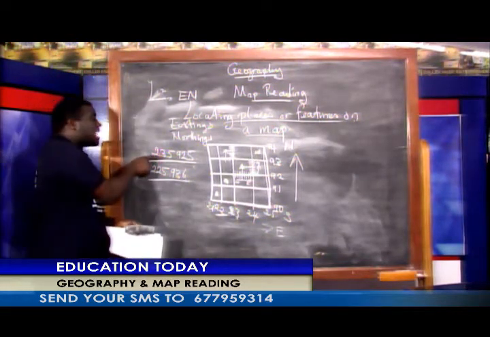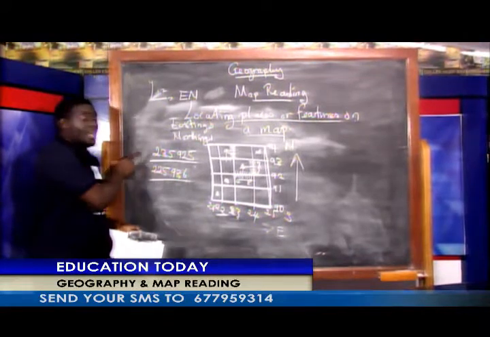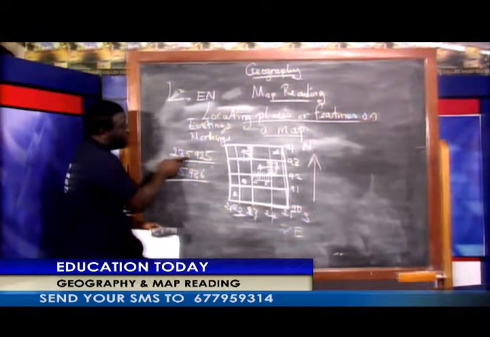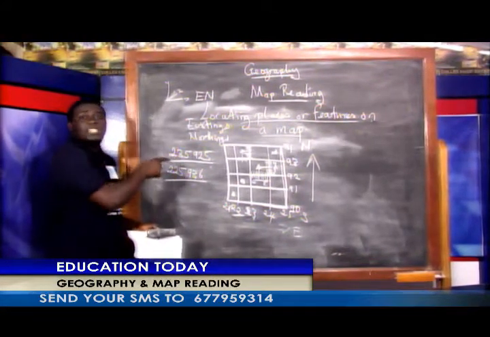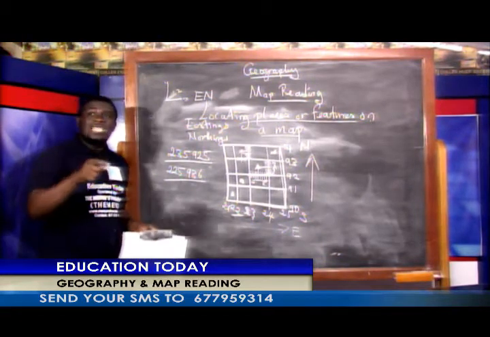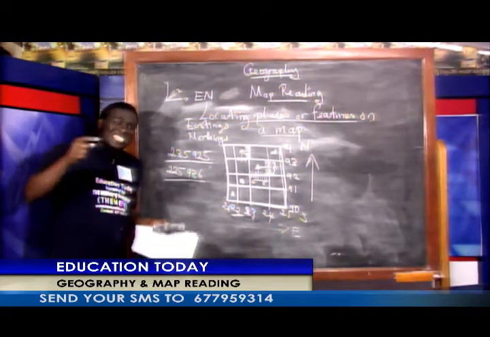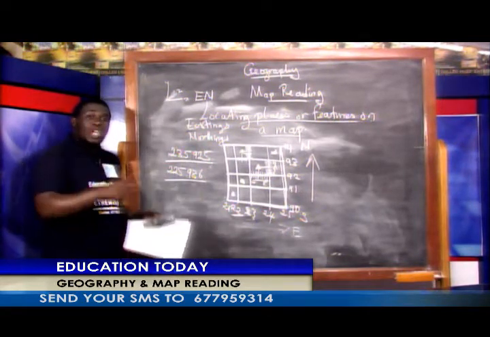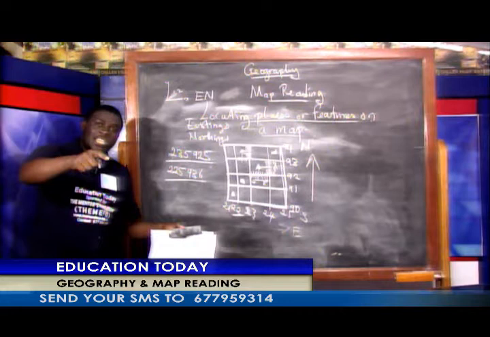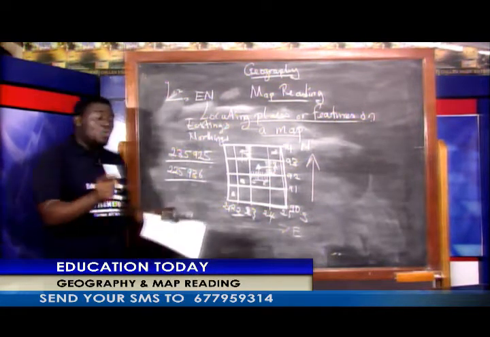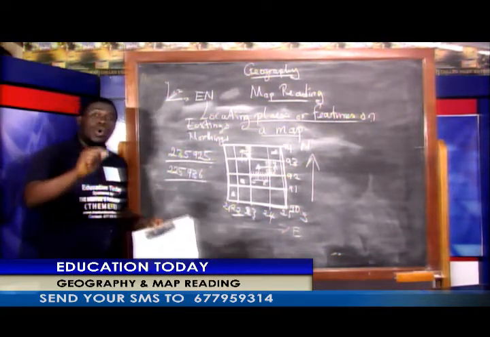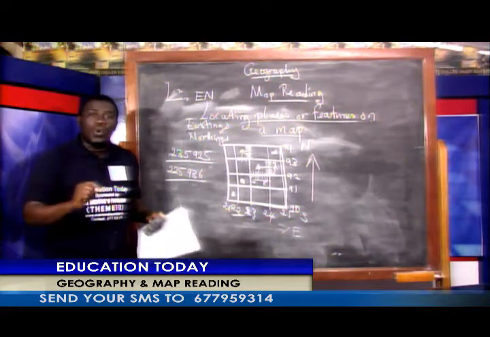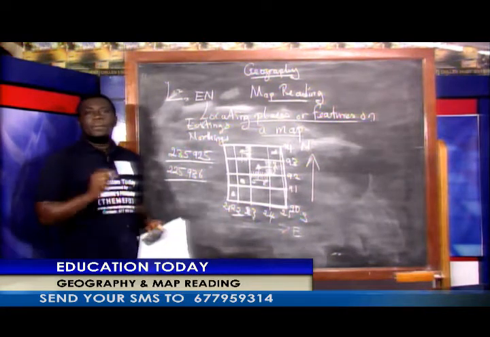They will give you that direction in terms of the eastings and northings. That's the 4-figure grid reference and the 6-figure grid reference, which means that you must understand this notion to be able to demarcate the road you are to measure. If you do not understand this, you will not know where to start measuring the road and where to end. You must understand that before you work on the map.